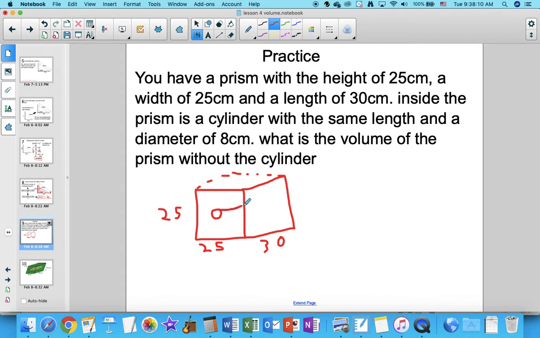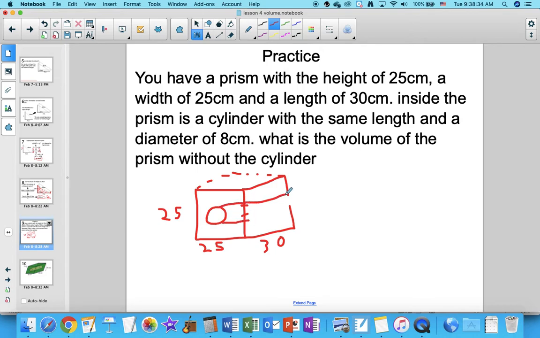our prism. And again, it doesn't even have to be pretty. Just drawing it out helps you. I'm actually going to make this a bit bigger because it'll be hard to see. It doesn't even have to be a good drawing, right? You have a cylinder inside.